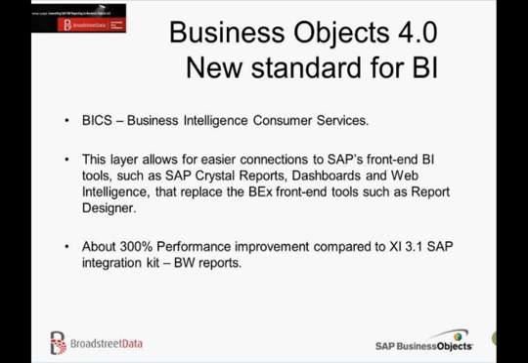And the net result is that we get about a 300% performance gain as opposed to the previous 3.1 environment where we went through the SAP integration kit. So this is a huge gain in performance that basically will bring us up to par with the original BEx reports. So BEx reports and SAP BusinessObjects reports will run in about the same amount of time.